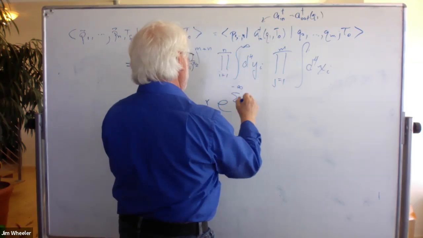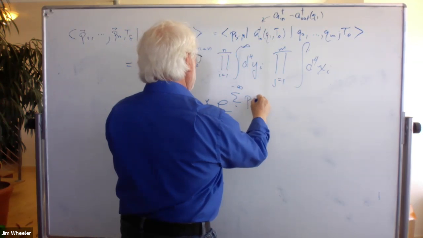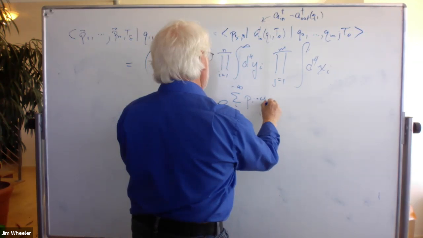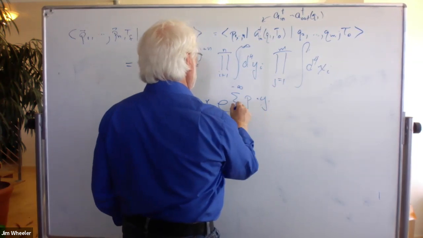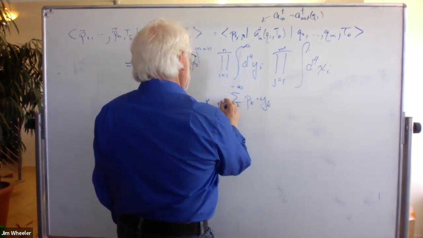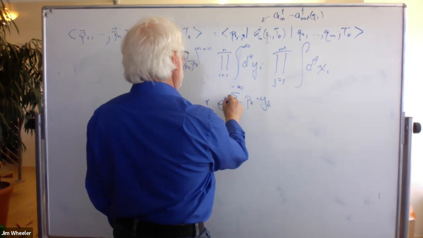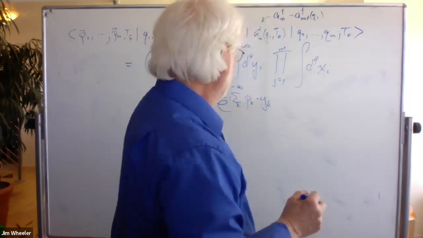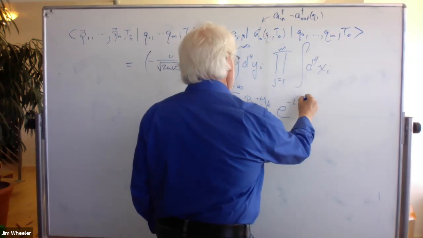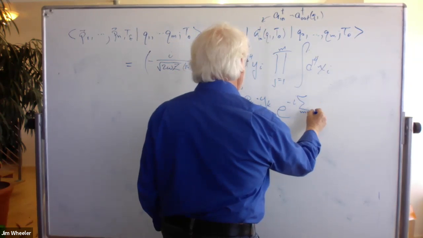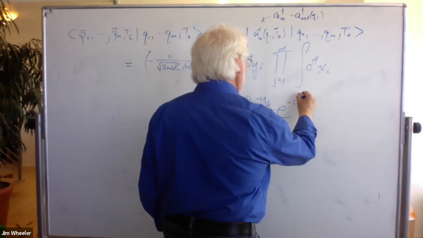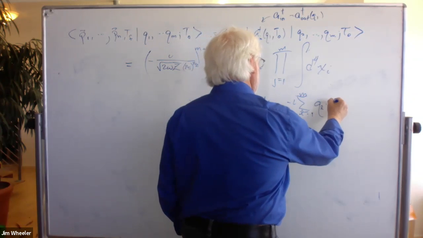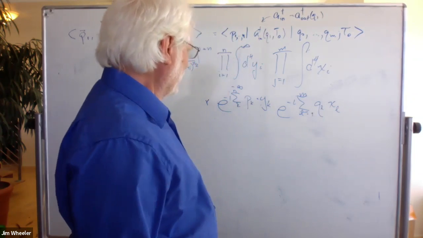So we have the product of e to the minus i k_i dot y_i, and then a similar thing, l equals 1 through m, of q_l dot x_l, four-dimensional dot products.